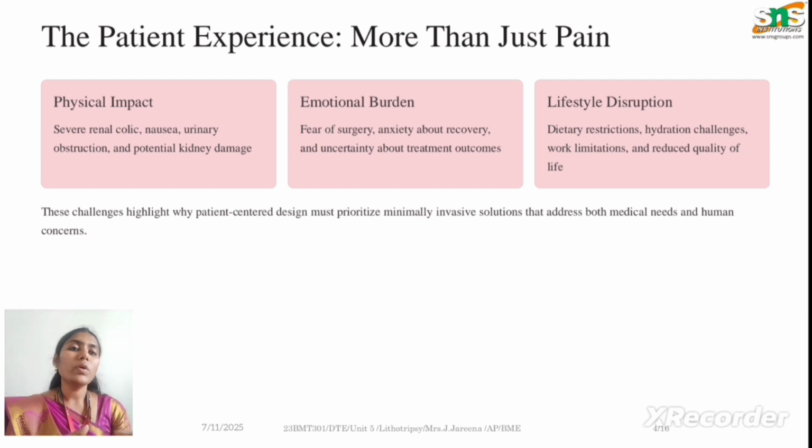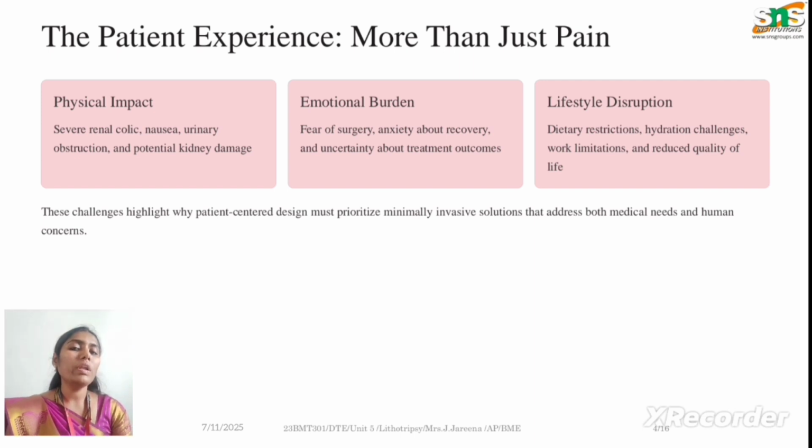Because of this surgery and so many things, at a later stage they will have a disturbed lifestyle, because before surgery they follow one type of lifestyle, but it will not go the same way after surgery. So these are different aspects collected from the patient experience.